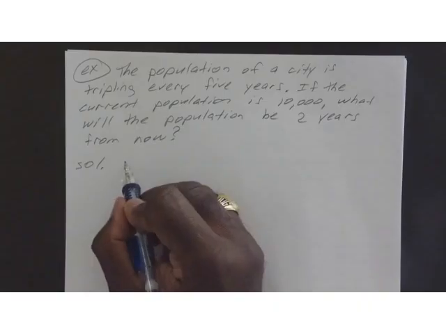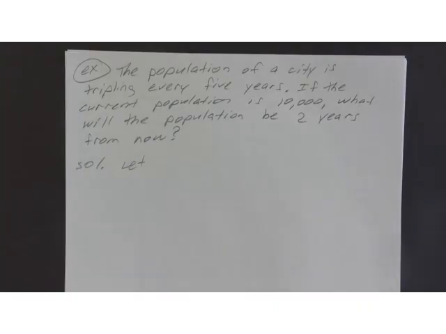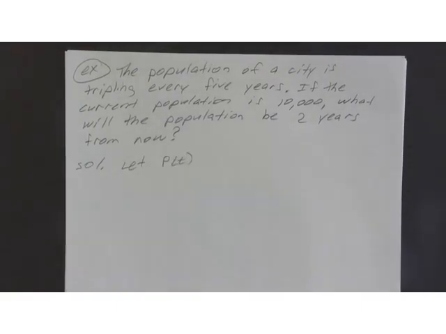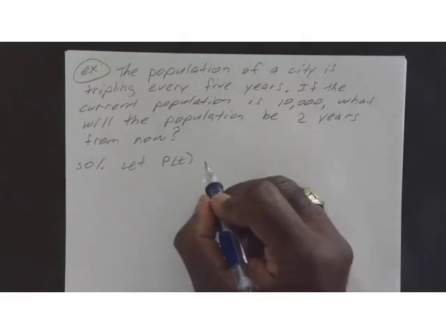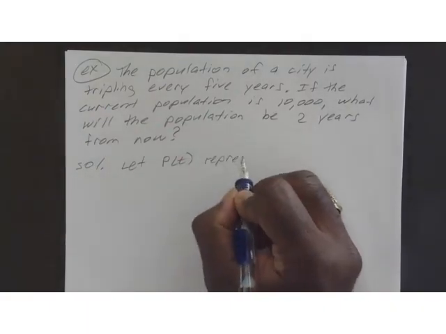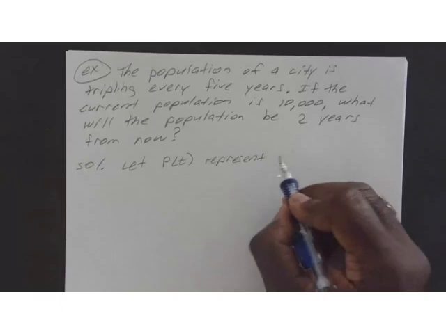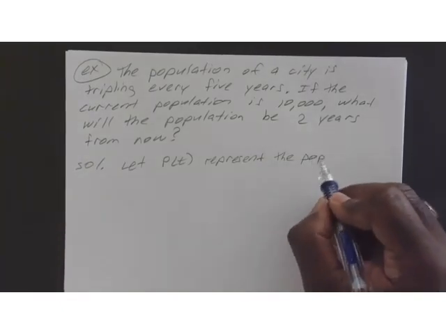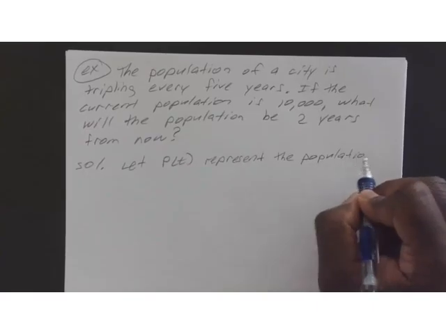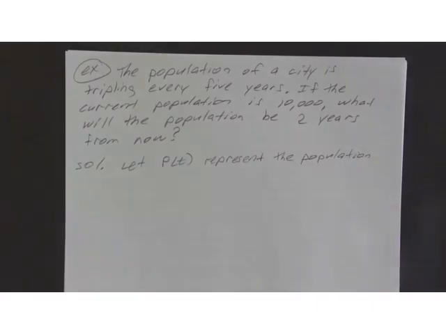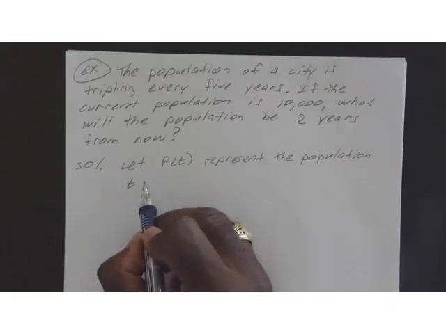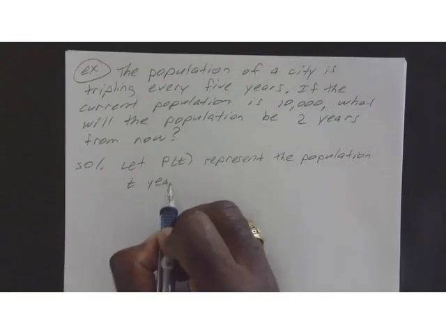Okay. So we need a position function. So we'll let P of t represent the population t years from now.